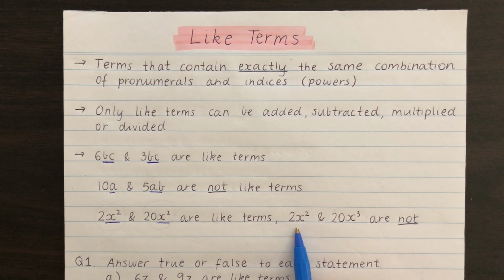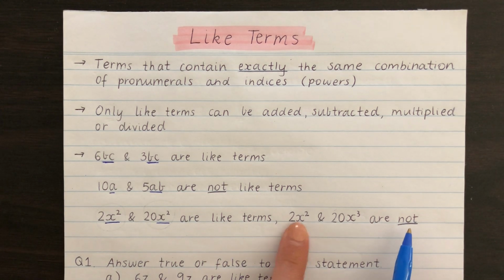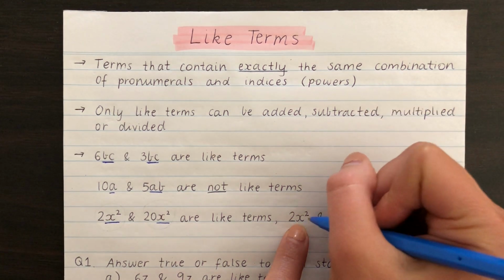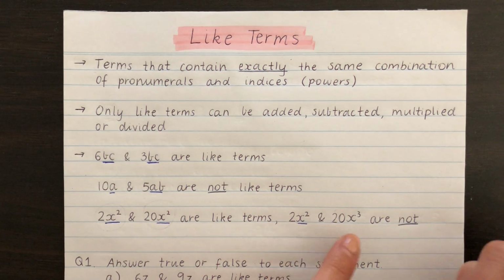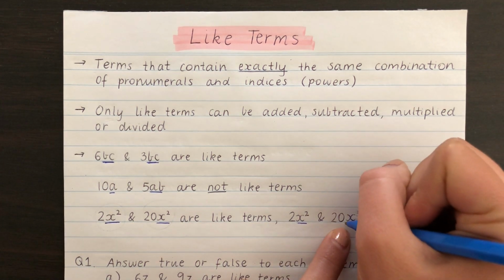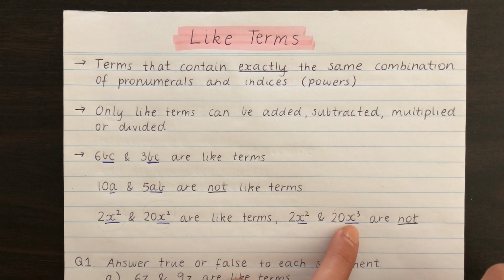But 2x squared and 20x cubed are not like terms. Why? Because here, in this term, we have an x squared. But in this one, we have an x cubed. So this one has an x to the power of 2. This one has an x to the power of 3.